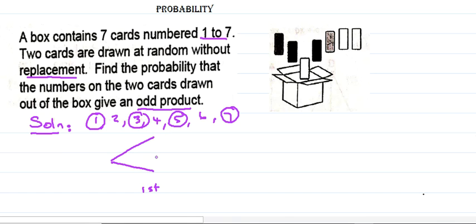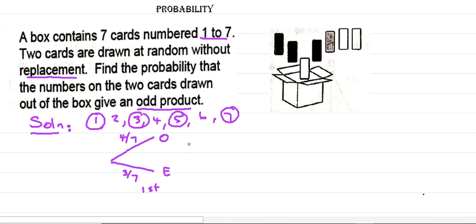So when drawing our cards at random, our chances are we'll either get an odd card or an even outcome. And in our first draw, the probability of getting an odd card would be 4 out of 7, and for an even card, it would be 3 out of 7. Good. So that was our first draw.